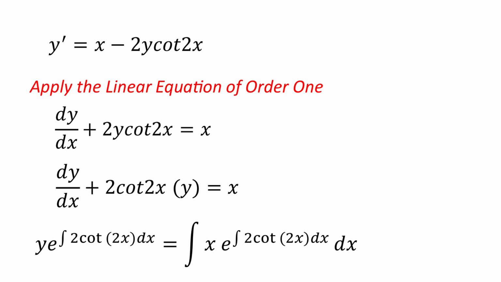We have y e raised to the integral of 2 cotangent 2x dx is equal to the integral of x e raised to the integral of 2 cotangent 2x dx. By the way, our integrating factor in this problem is e raised to the integral of 2 cotangent 2x dx. Take note that cotangent 2x is equal to cosine 2x over sine 2x.